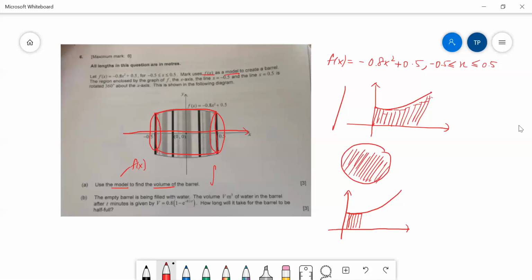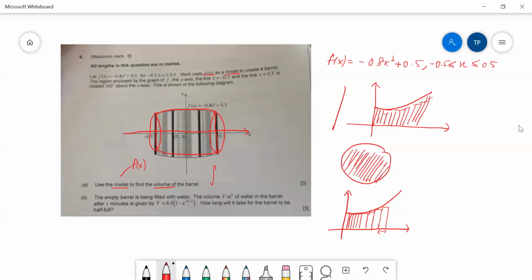Of course, it will not be accurate. Why? Because as you can see, there are gaps. Because of the gaps, they decided to reduce the width of the rectangle.